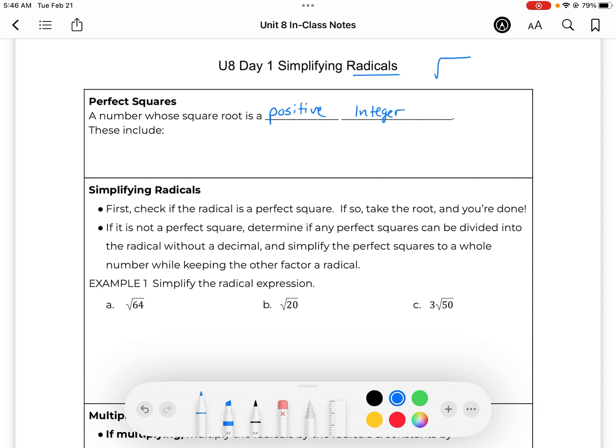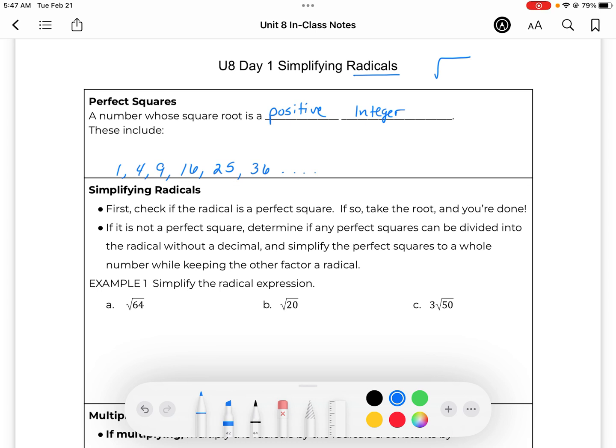Okay, positive integers are numbers like 1, 2, 3, 4, 5, 6, just your counting numbers. So numbers that have a square root that would be a positive integer are just those positive integers squared. So those are numbers like 1, 4, 9, 16, 25, 36, so on and so forth.